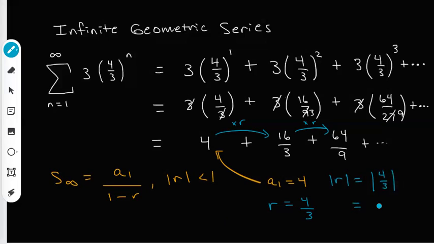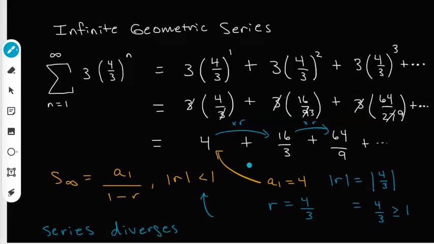And that's going to give me positive 4/3, which is greater than or equal to 1. Because this common ratio is not less than 1, like the rule says over here, this series is going to diverge. So I write series diverges.